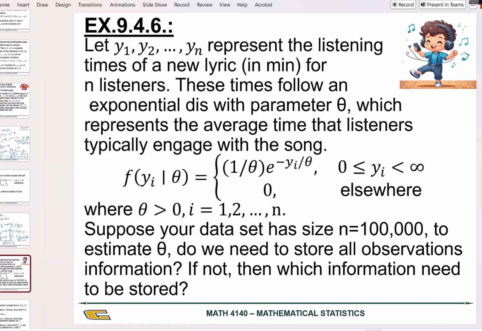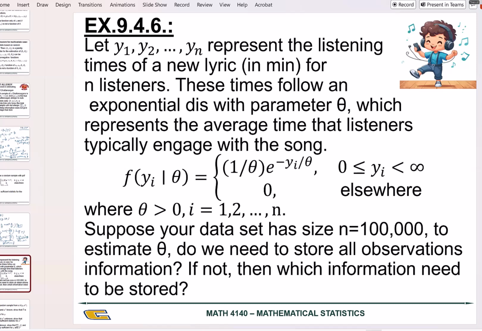We can model it by the PDF like this, like previously. Suppose that the data set has a size n of 100,000. To estimate that, do we need to store all the observation information or not? If not, which information needs to be stored?